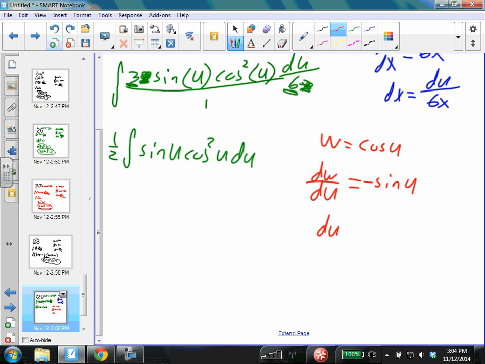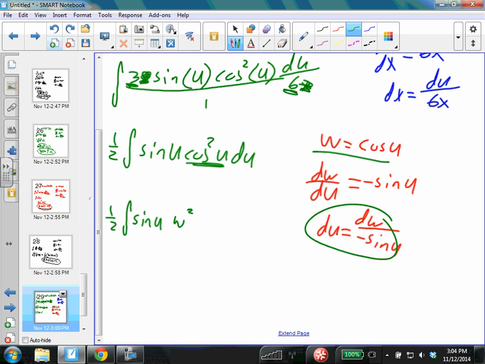So du is going to equal dw over negative sine u. And notice now my goal is not to get everything in terms of u, but to get everything in terms of w. So I'm going to come back to my integral. It's 1/2 times the sine of u, and now cosine u I've changed into w, so this is w squared.